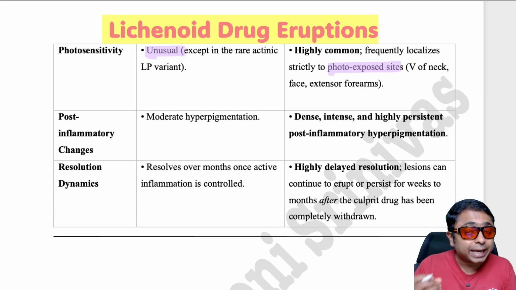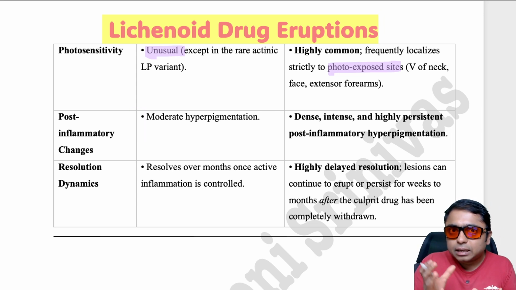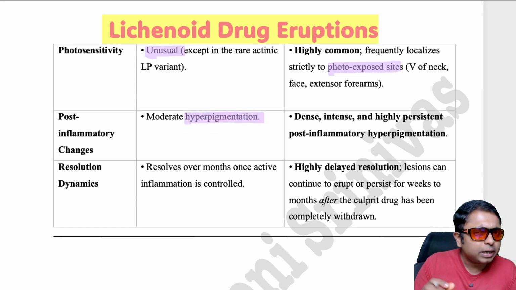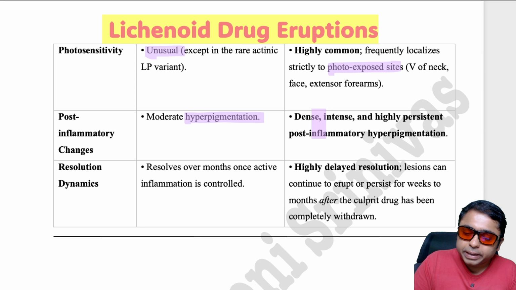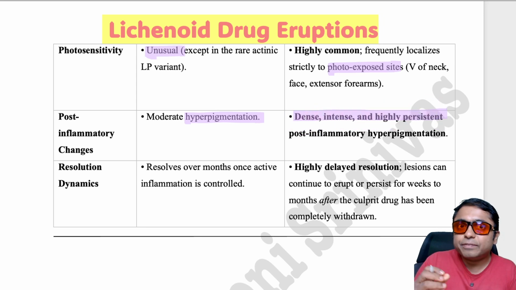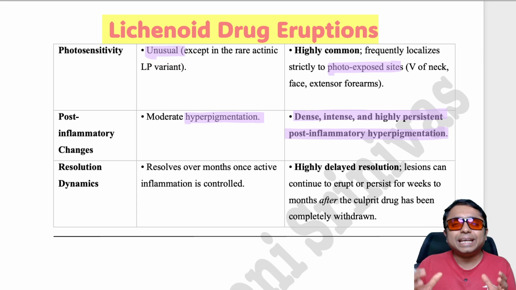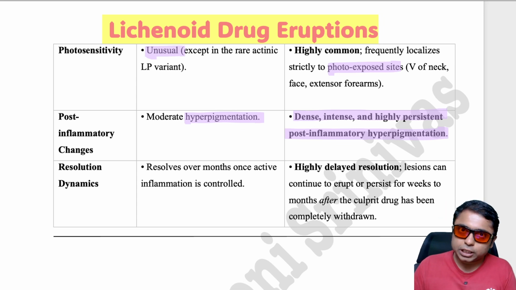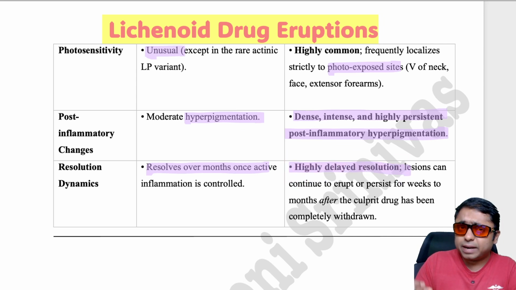Also, healing in classic lichen planus leaves behind moderate hyperpigmentation, whereas in drug-induced lichen planus, the pigmentation is very dense, intense and highly persistent, a very difficult to treat, irritating post-inflammatory hyperpigmentation. Resolution takes months to even 2 years in classic, whereas in drug-induced it is a very delayed resolution.